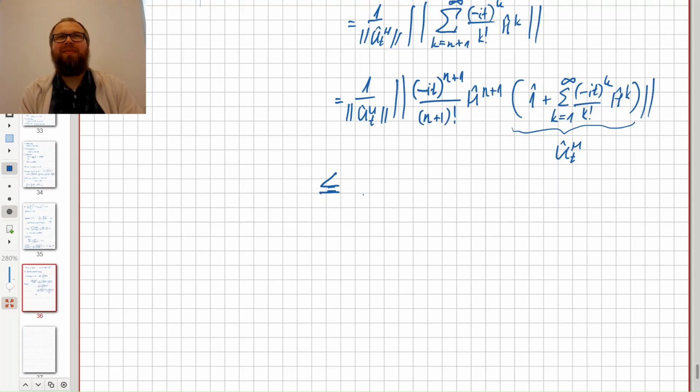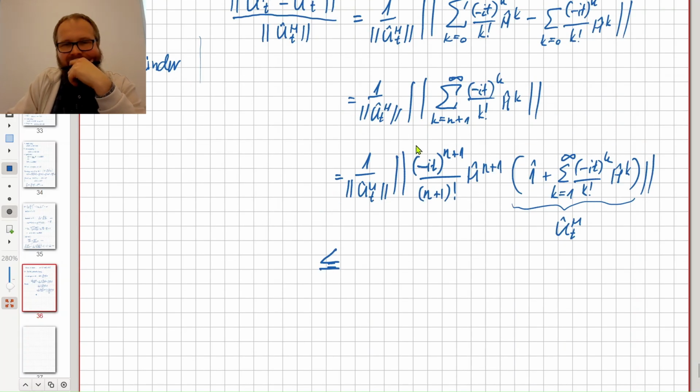How did you go from the upper line to the second line? I couldn't follow, from k equal to n plus 1 to infinity, then you wrote minus it to the power of n plus 1. This is the first term, right? And the second sum should be k equal to n plus 2.